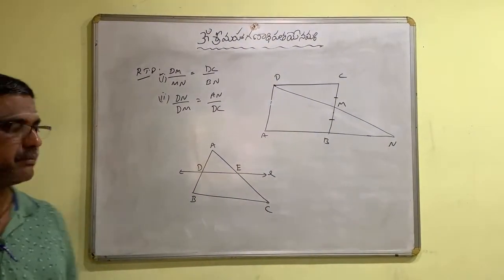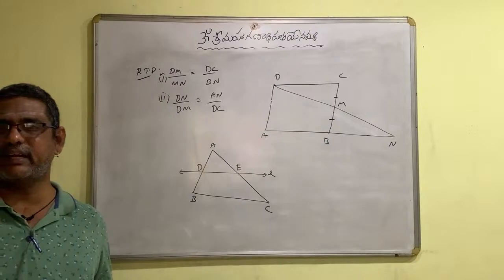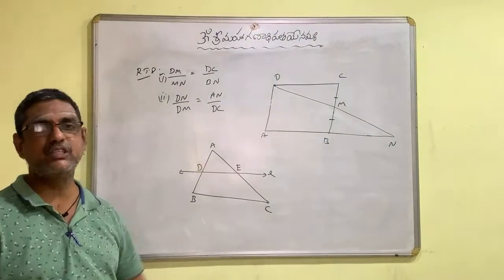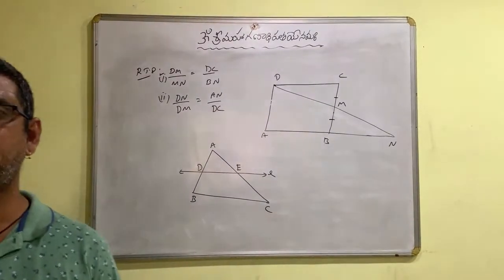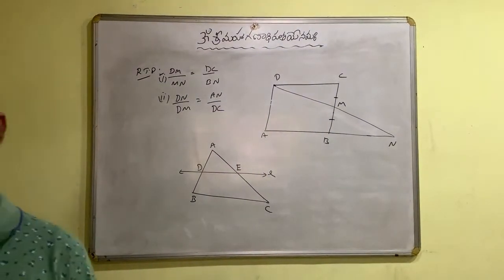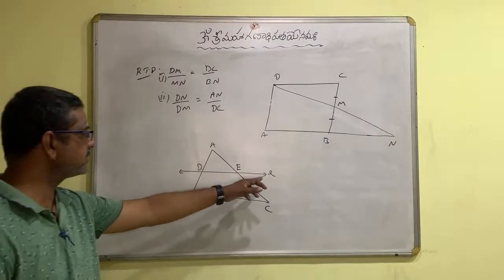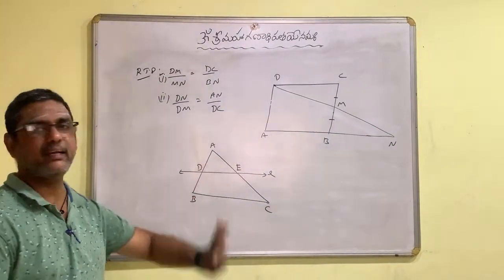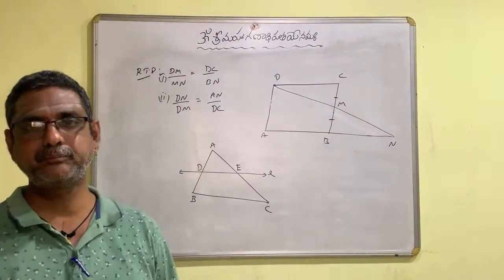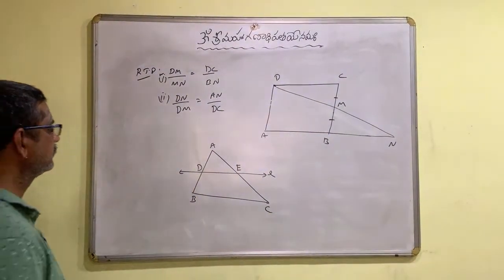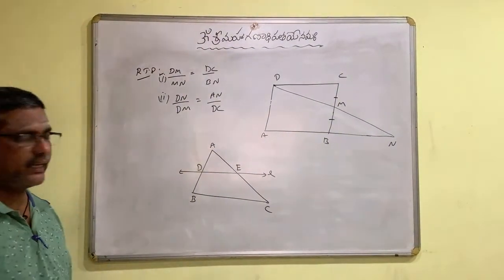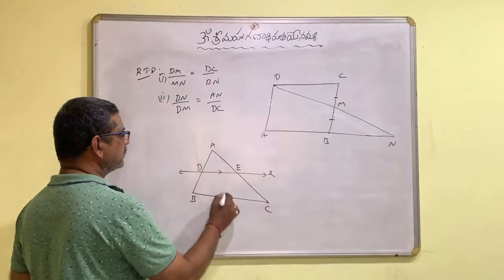There is a triangle ABC. I am considering the triangle as ABC, and the line L which is intersecting two sides of the triangle at distinct points. Here L is intersecting side AB at D, side AC at E. Then, not only intersecting, this line is parallel to the third side of the triangle.